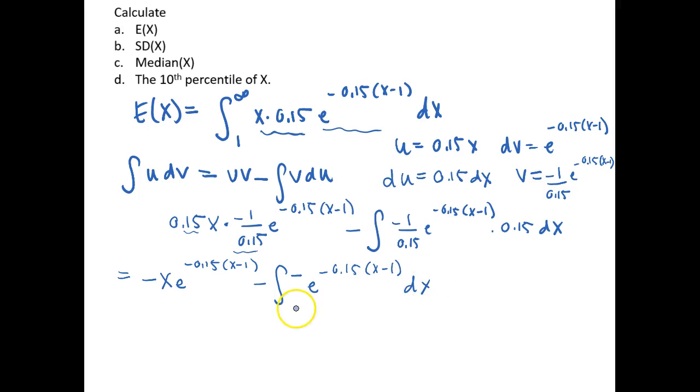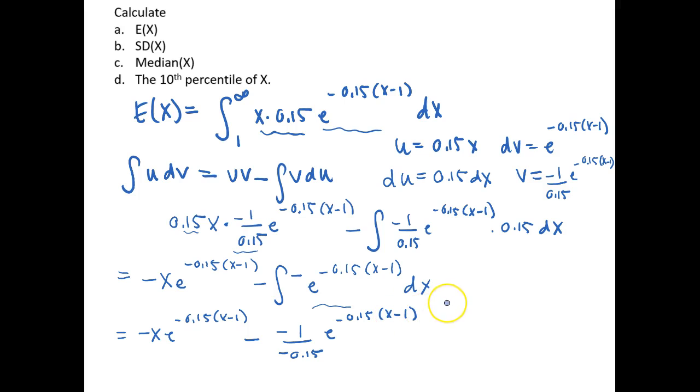Again, this goes from 1 to infinity. Let's leave our bounds of integration for just a moment and integrate this expression. First, these get carried along, so negative x e to the negative 0.15 x minus 1. And if we integrate this expression, we get minus negative 1 over a negative 0.15 e to the negative 0.15 x minus 1.